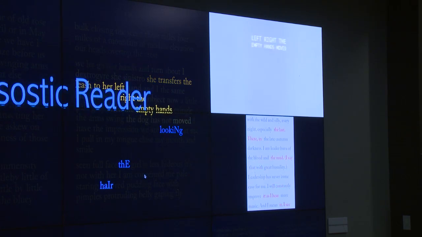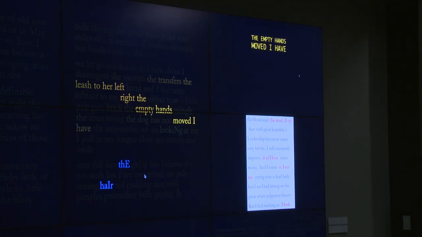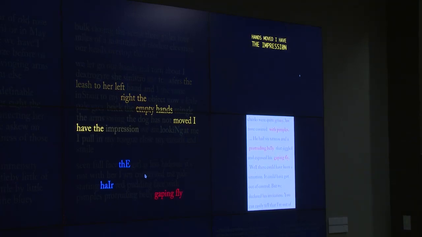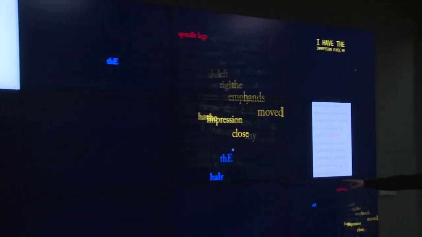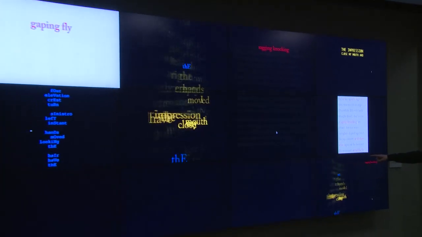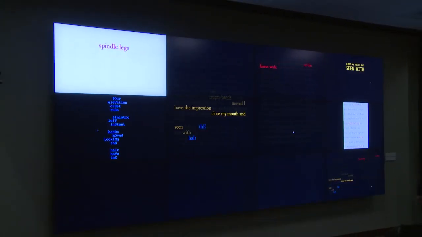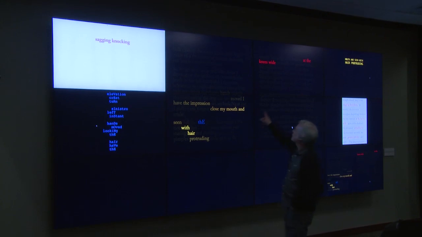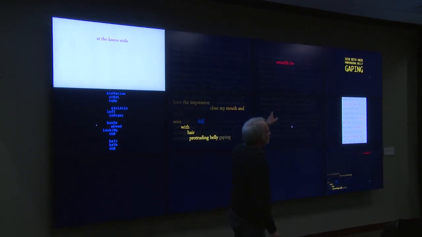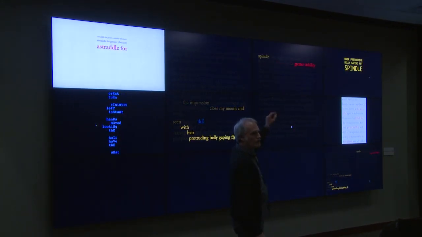I can change the focus to the phrasing reader. Now it's the page turner. The phrasing reader you might recognize. It's the one that is reading phrase by phrase through the text.